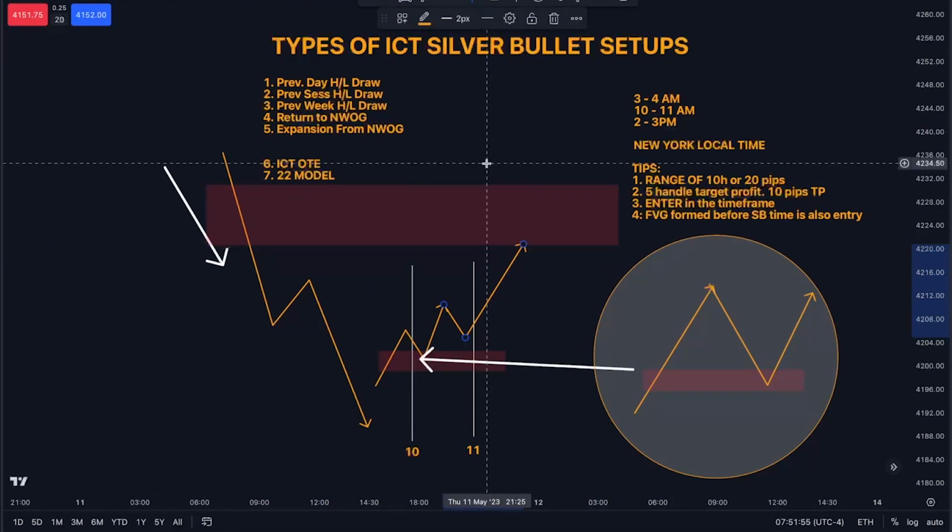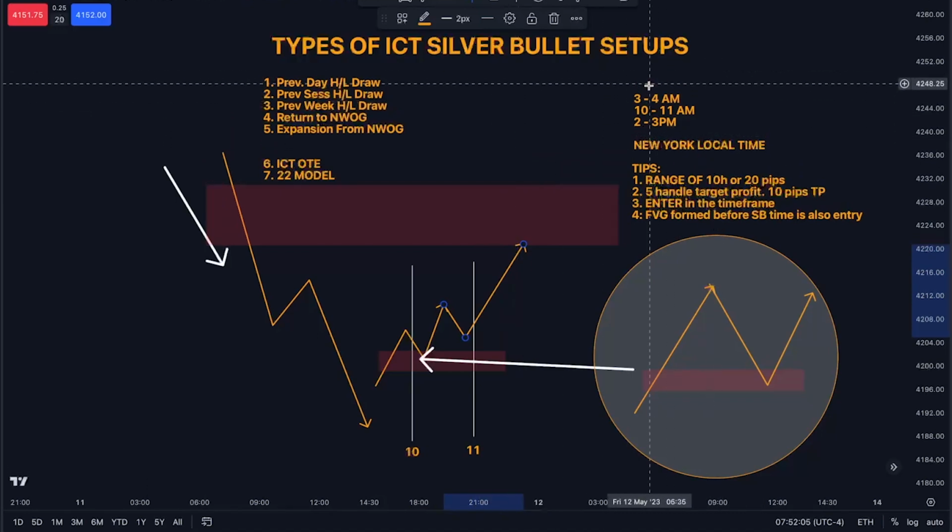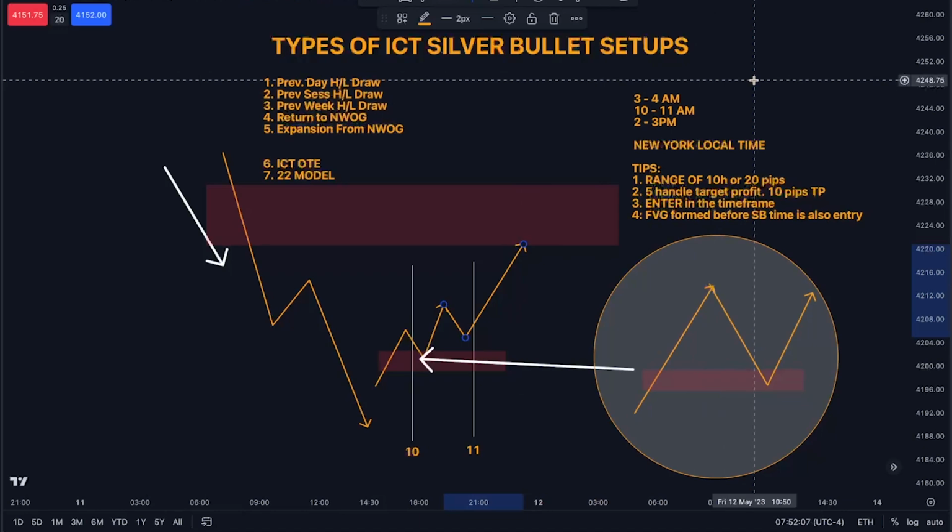So let me just go over all of the things again. First, you need to be in these Silver Bullet times. Simple as that. Then look for a range of possible 10 handles or 20 pips. Then your profit target is 5 handles, or at least trim at 5 handles and make it run more, or it's up to you then.